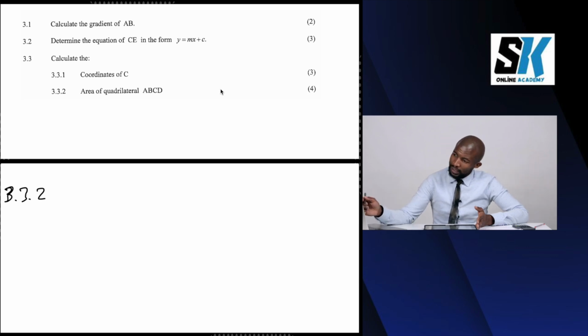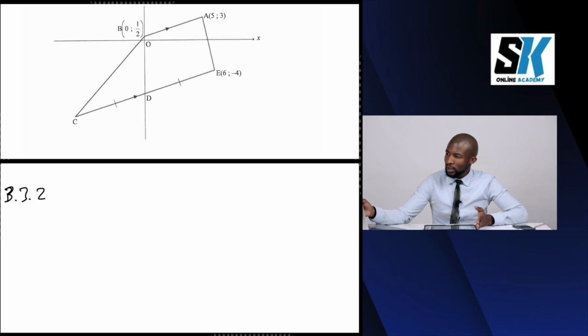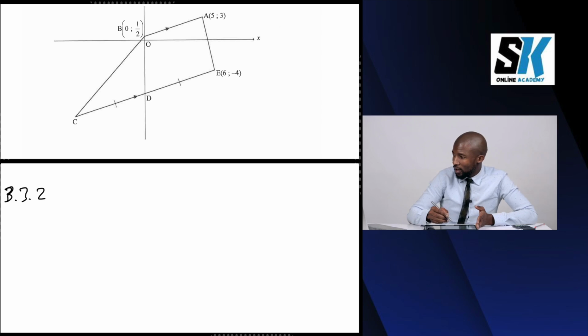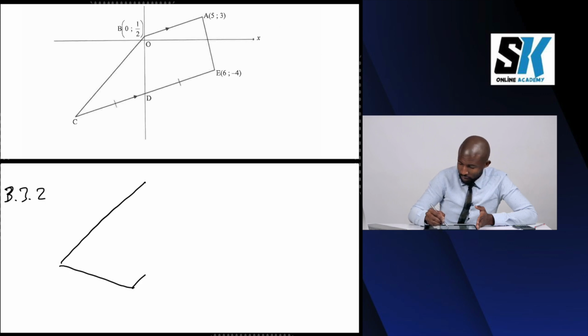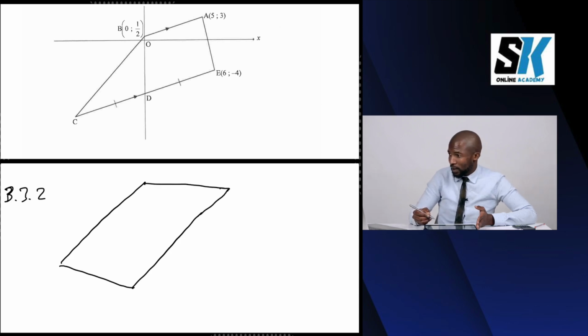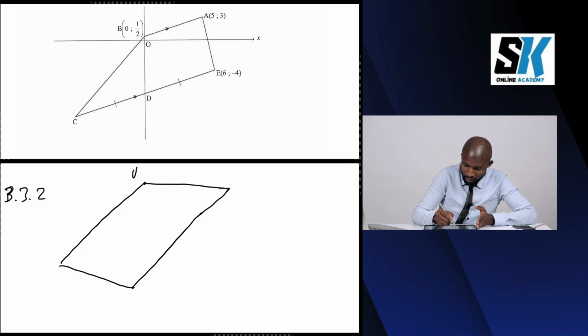If you draw a line from D to A, that is your quadrilateral. So your quad will be shaped just like this. I'm just doing the sketch for that quad.